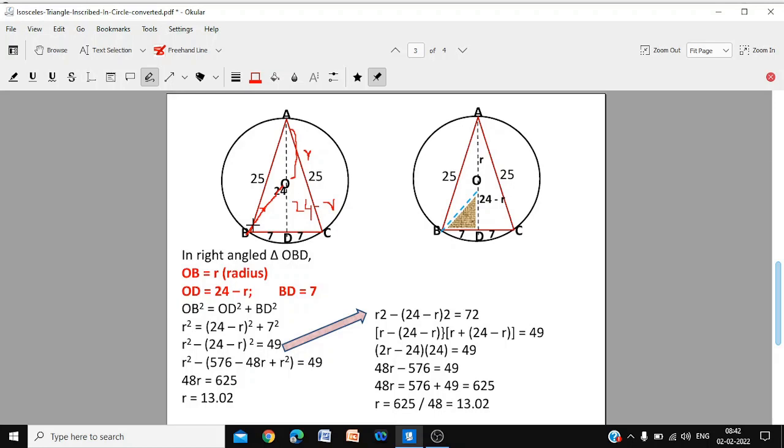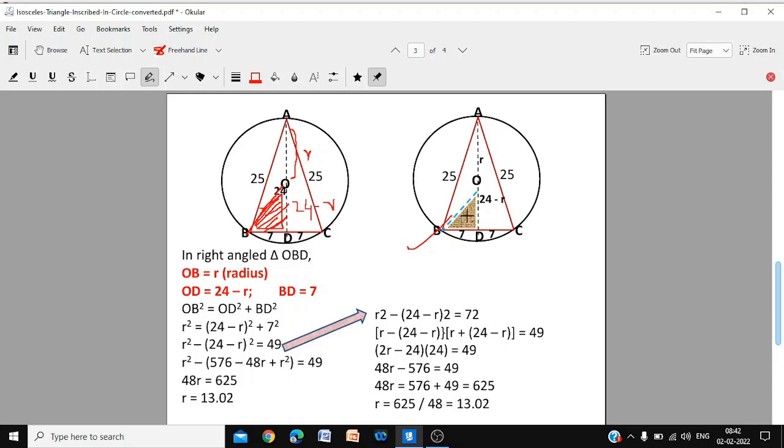So, now we are going to take this triangle. We can look at this figure which we have drawn separately, concentrating only on the shaded part.